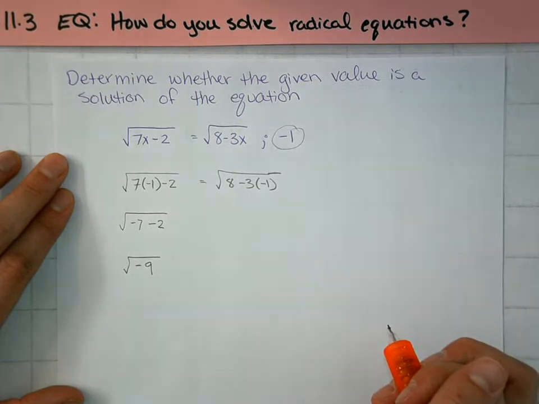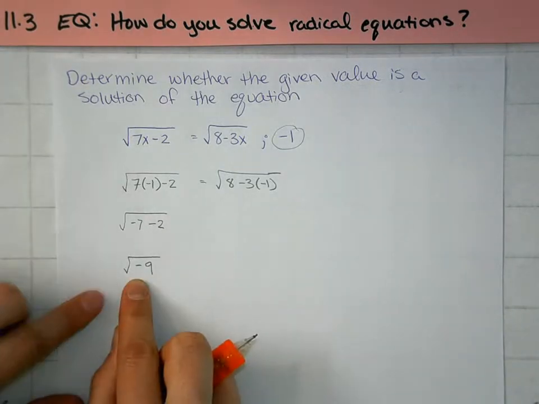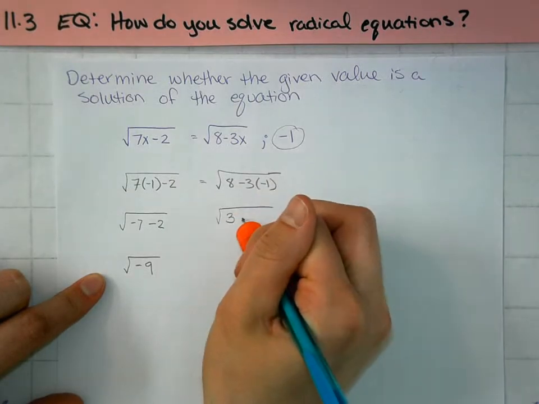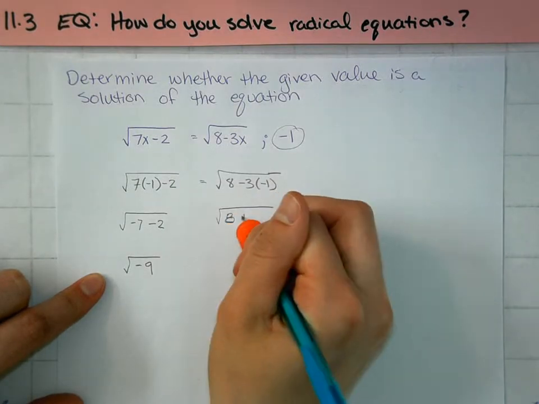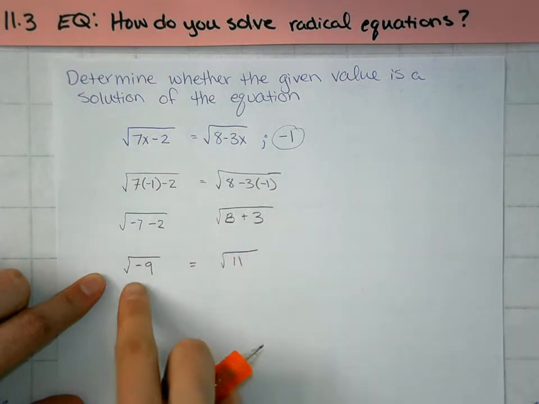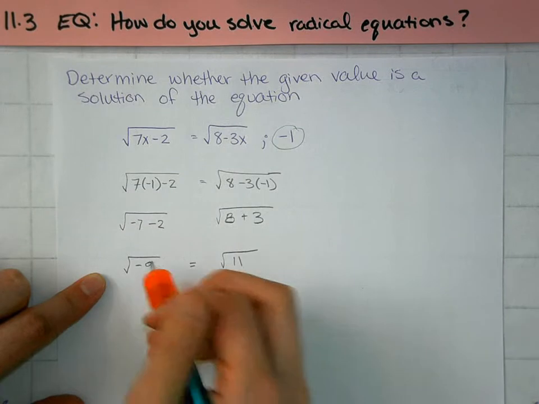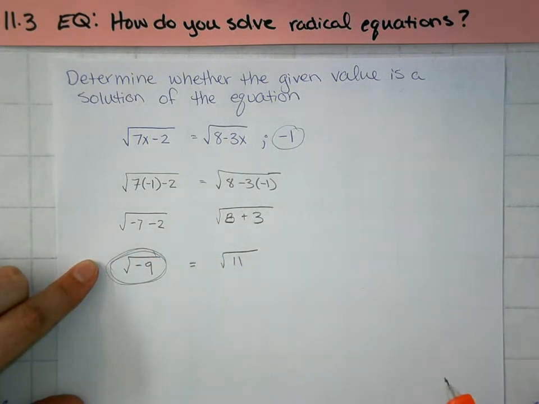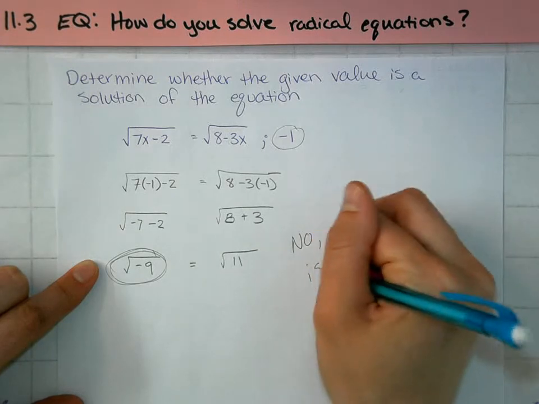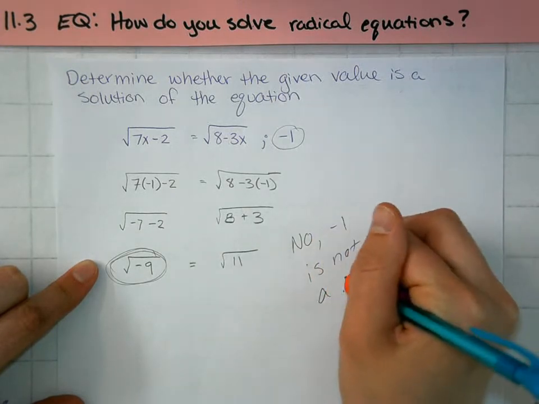Right here I can tell that this is not going to work. We are not allowed to take the square root of a negative number. If I had continued on this side, you can also see that it doesn't work, but right here you should have been tipped off that it's not possible. So no, -1 is not a solution.